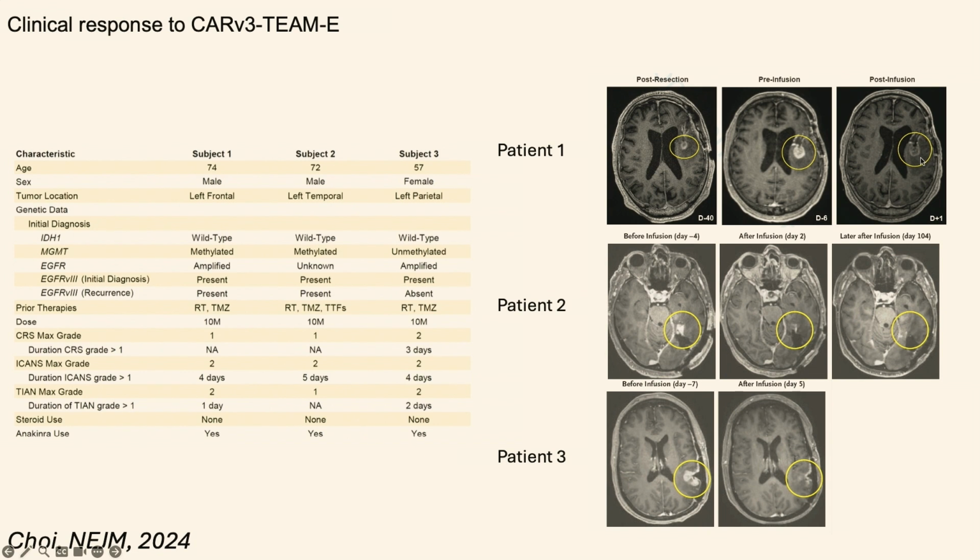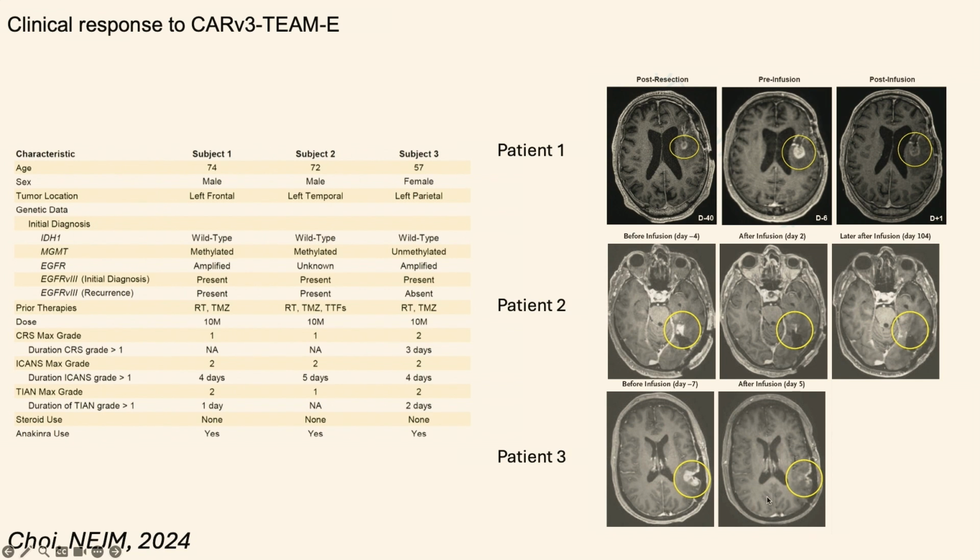And this is also, I forgot to mention, that this is delivered locally through an Ommaya catheter that is implanted directly into the tumor to deliver the T cells locally. As we can see again in patient 2 and patient 3, there is an immediate response to the CAR T upon implantation.